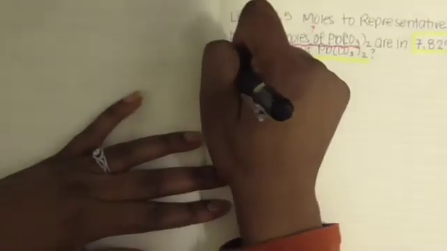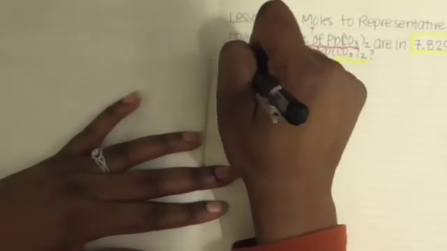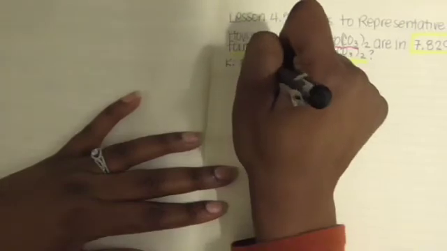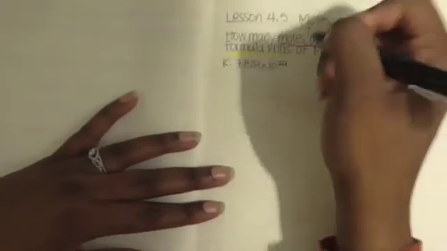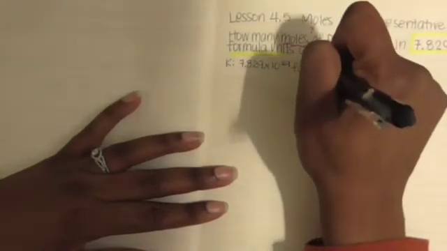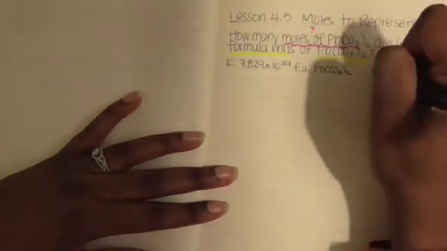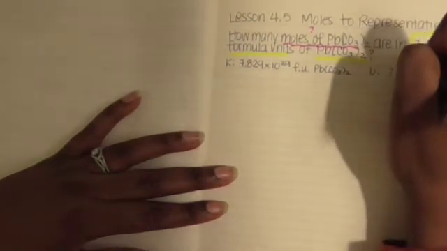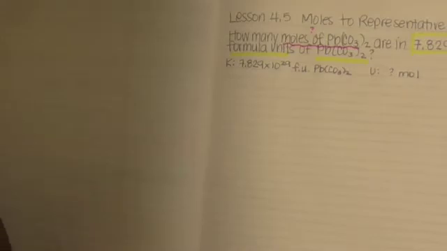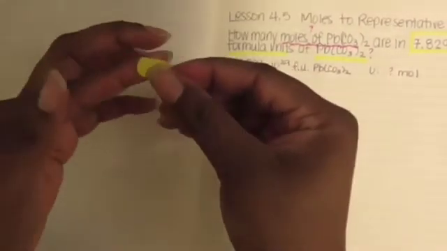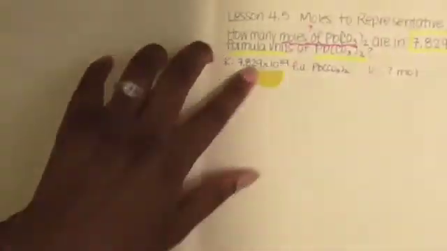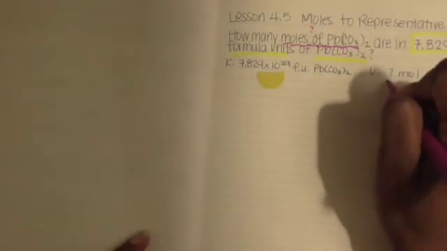Our known, our unknown is the number of moles. I like to mark this with colors every time, just to make it easy for us to follow. And I actually didn't finish labeling.